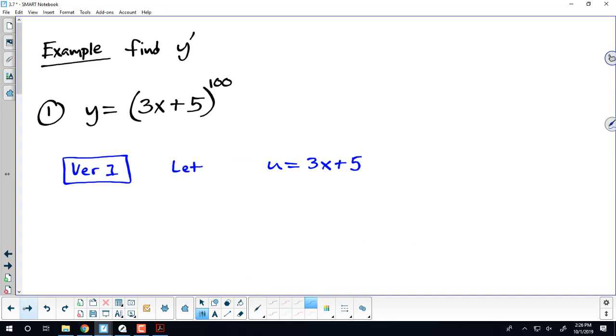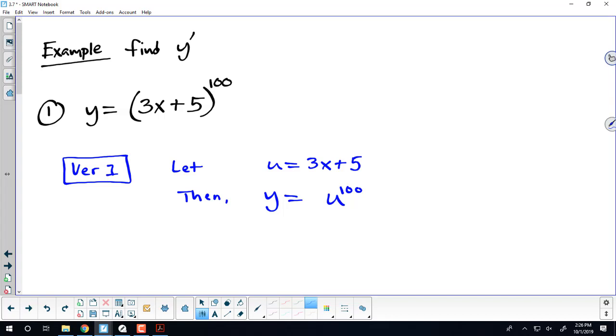All right, so we're going to let u equal 3x plus 5. Notice what happens if we let u equal 3x plus 5: then y becomes u to the 100th power. Does everybody agree with that? So there are our two functions.